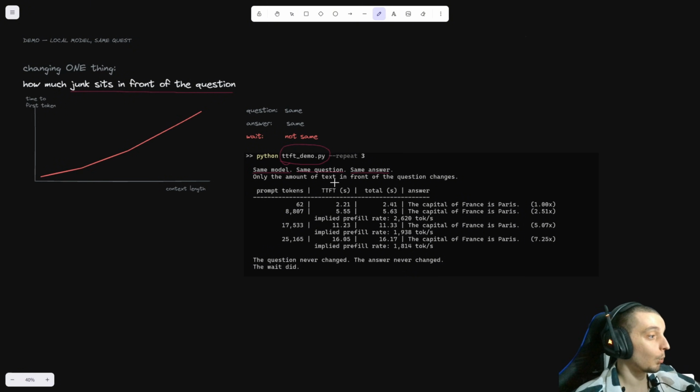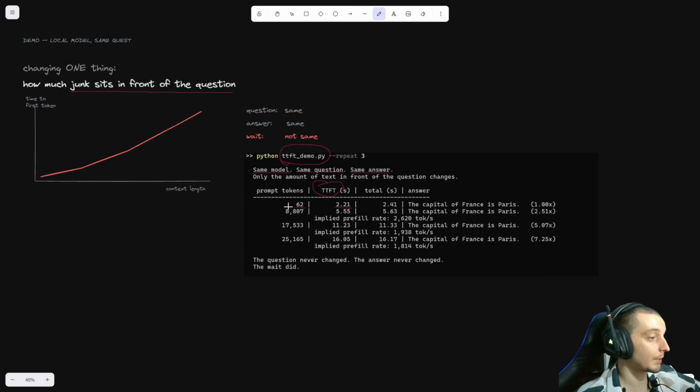What we are interested in is to measure and compare the time to first token in seconds. The first prompt has just 62 tokens, with no junk text in front of the question, and the time to the first token is just 2 seconds.